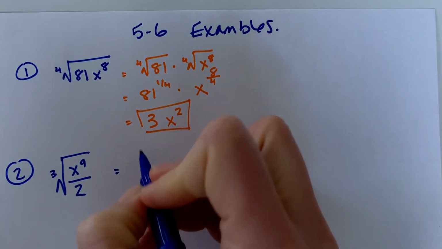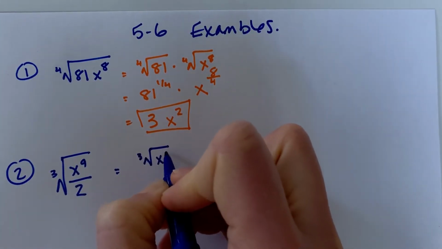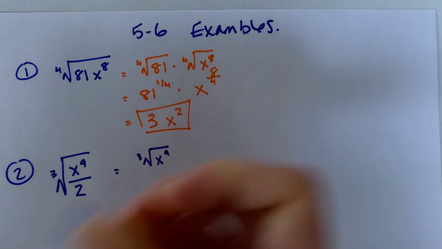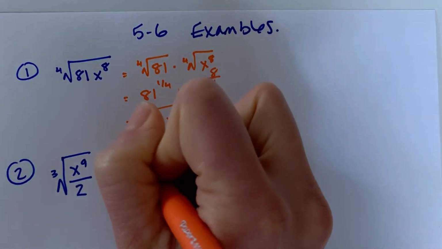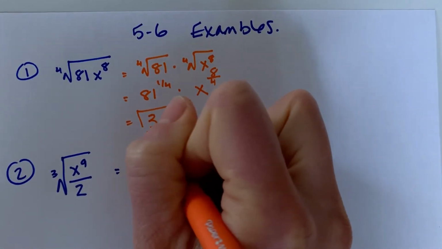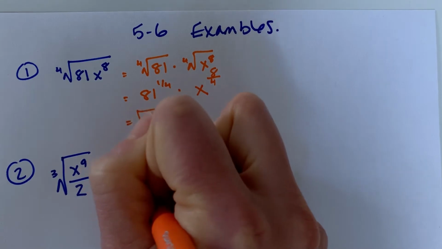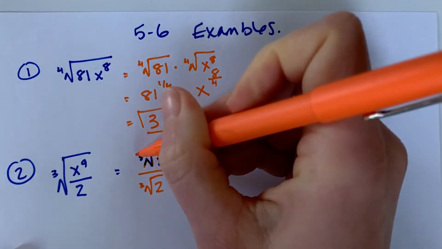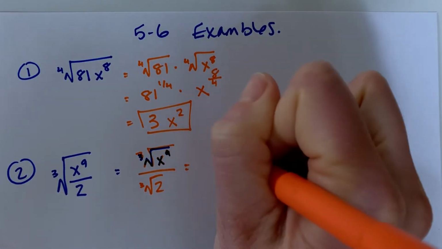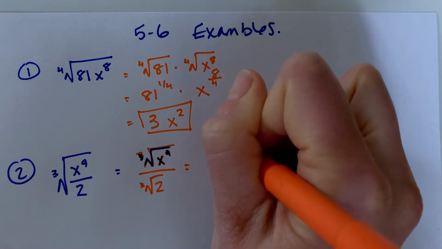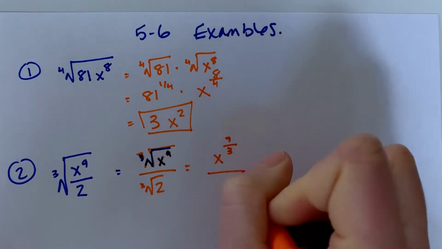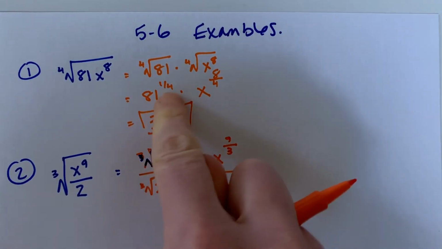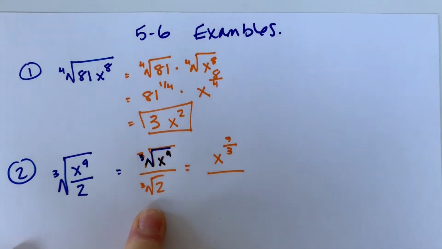So this is going to be cube root of x to the 9th over cube root of 2. Okay, I'm going to use my rules here. So the outside number is going to be my denominator, and the inside number is going to be my numerator. Okay, now here, just like I did the 81 to the 1/4, I want to simplify this as much as possible.